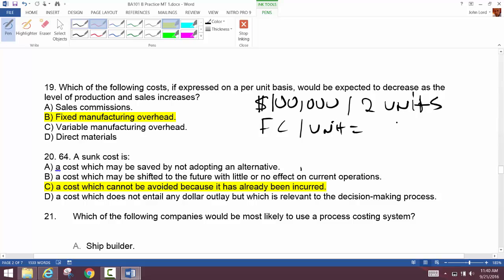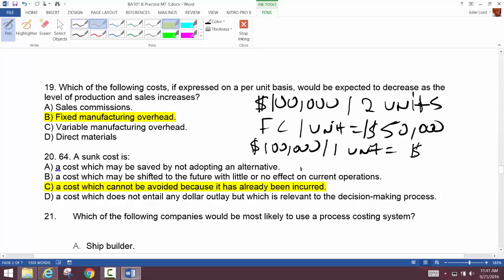Not a trick question. $50,000, right? If I decrease from 2 units to 1 unit, that's a decrease in the number of units. What is my fixed cost per unit? 100,000. So my fixed cost per unit increased as the level of production decreased, didn't it?